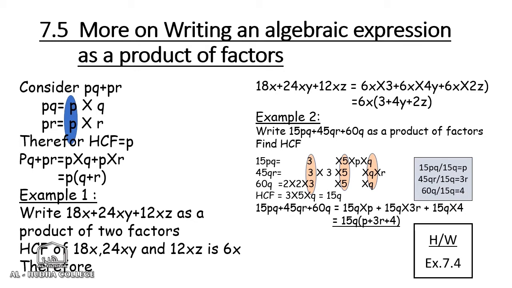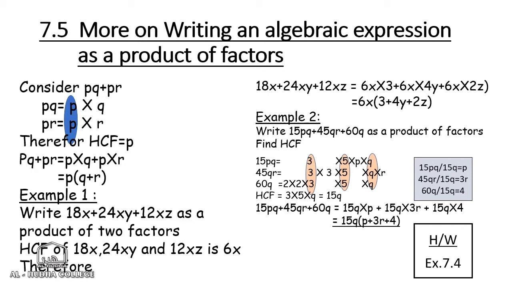Now you should find the HCF, right? I told you in the previous 2-3 slides some steps to do. So the first step, you should find out the HCF. That will be one factor.